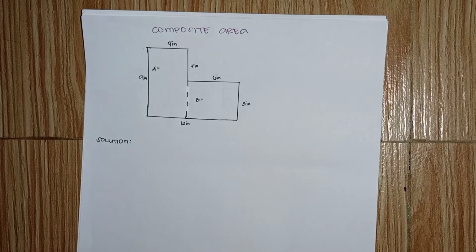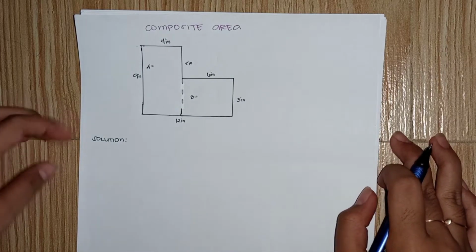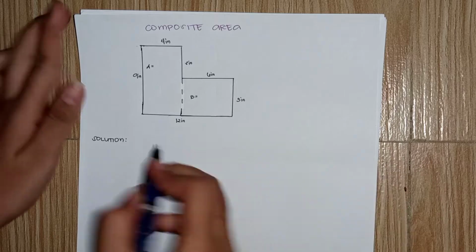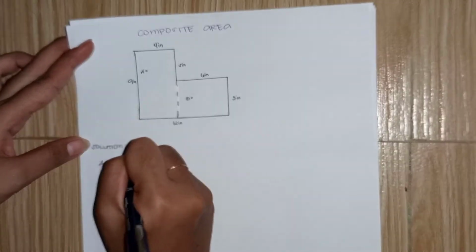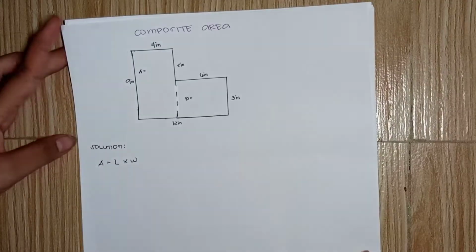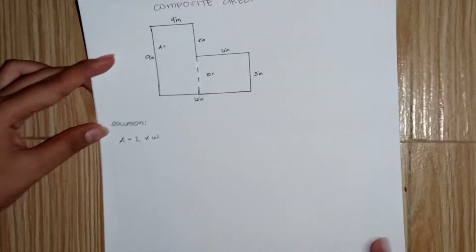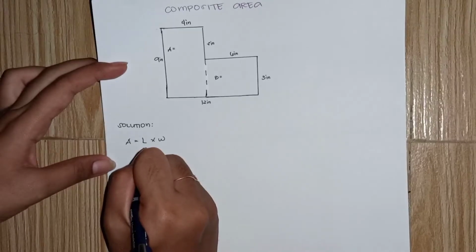So guys, the next one is composite area, and this will be the solution. And the formula we're going to use is A is equal to length times width, which is the area formula. And then let's apply.